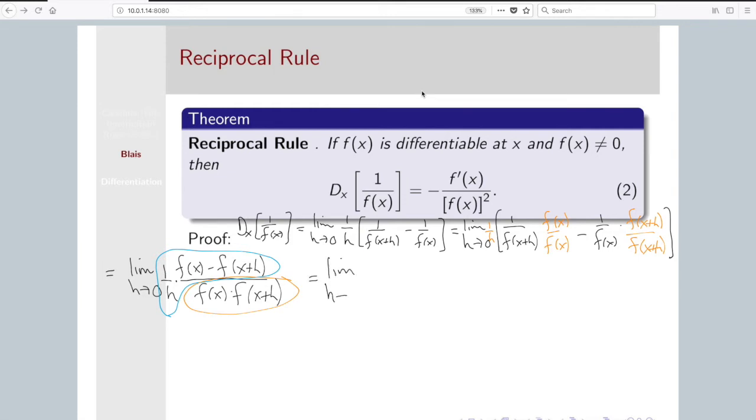This is the limit as h goes to 0, the terms circled in blue, f of x minus f of x plus h all over h, times the limit as h goes to 0 of 1 over f of x times f of x plus h. Note, this is the definition of minus f prime of x.